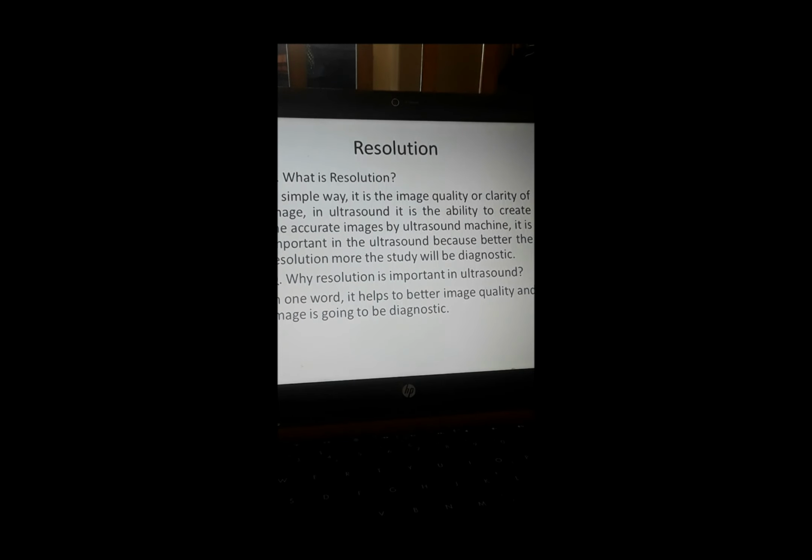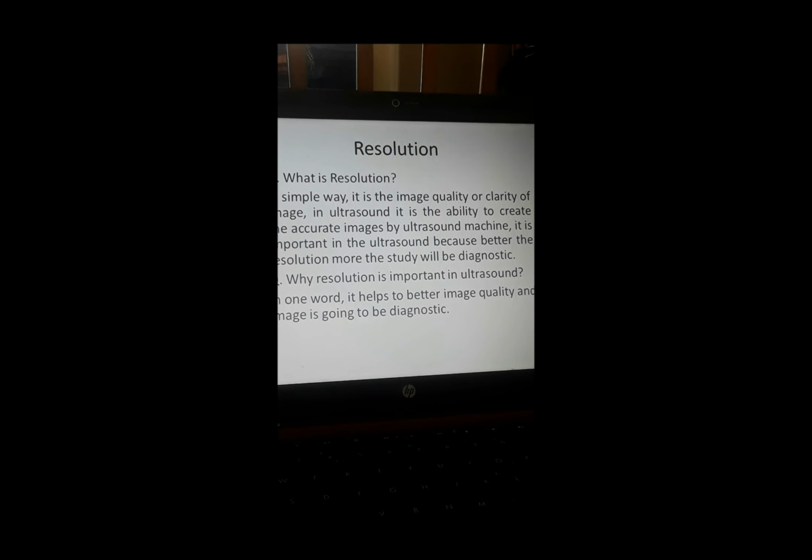Let's talk about resolution. Today our main topic is axial and temporal resolution. What is resolution? In a simple way, in one sentence, it is the quality of the image or how clear it is. In ultrasound, it is the ability of the machine to create an accurate image.